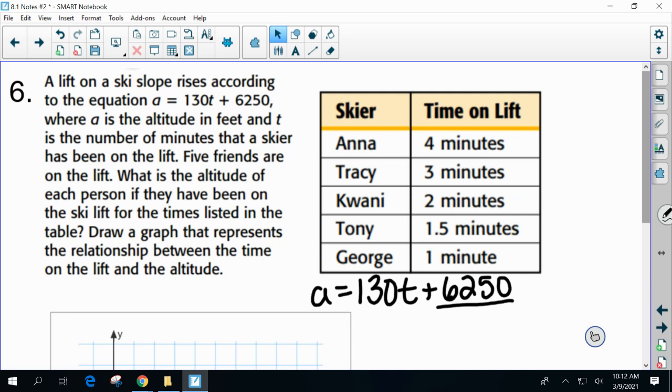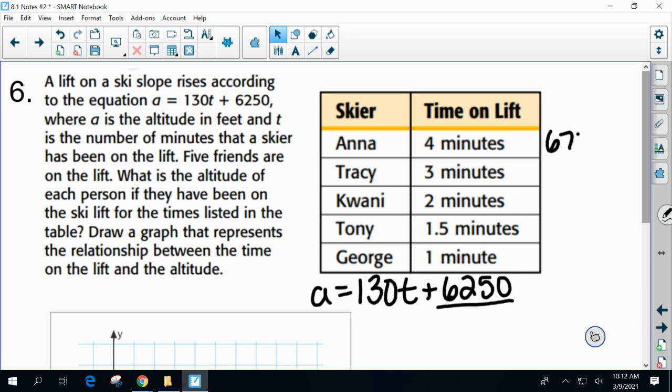So what we need to do is take each one of these numbers and plug them in for T. So 130 times 4 plus 6,250. 6,670.